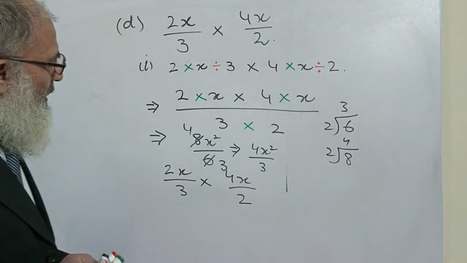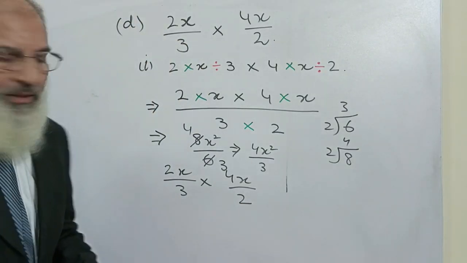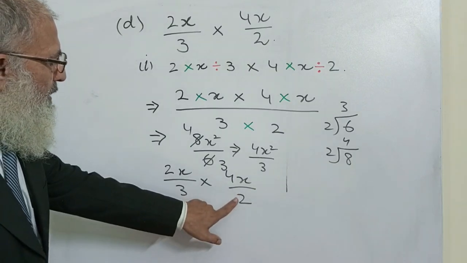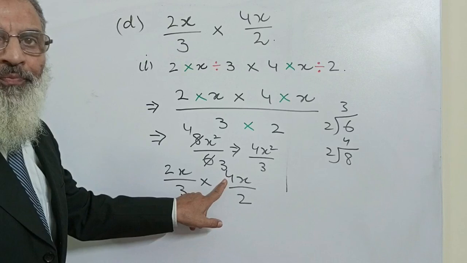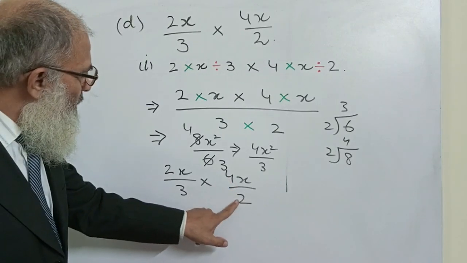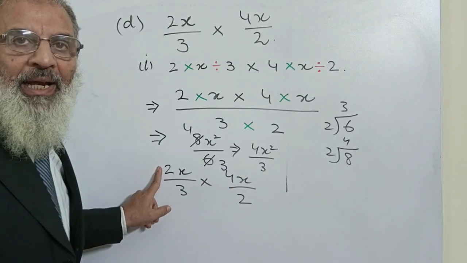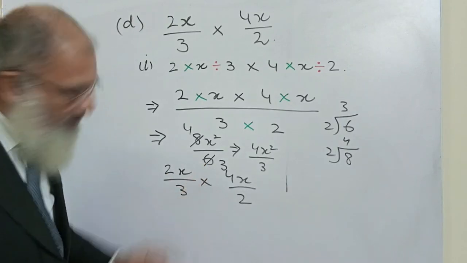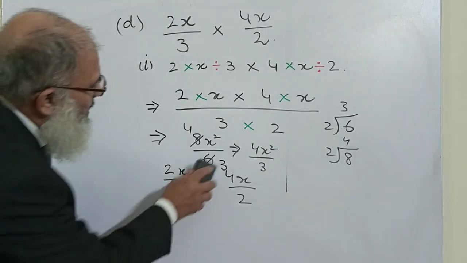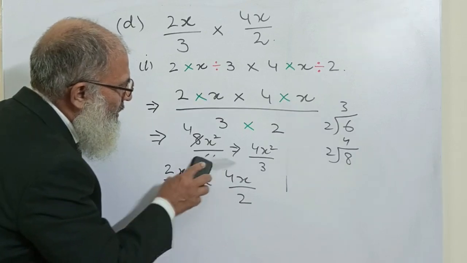So we have to cancel first. Now this 2 can also cancel 4. This 2 can also cancel 2 over here, because there is a multiplication sign over here. Let me remove this 3 from here. It is confusing you.